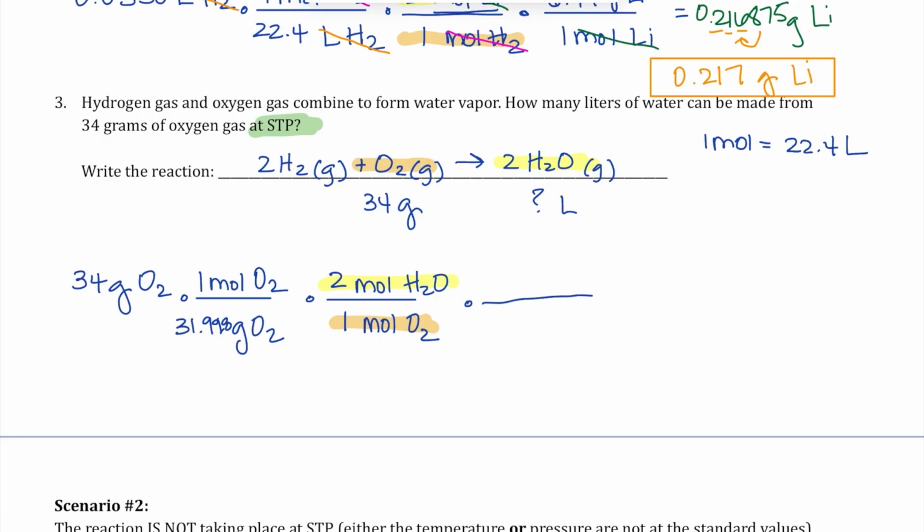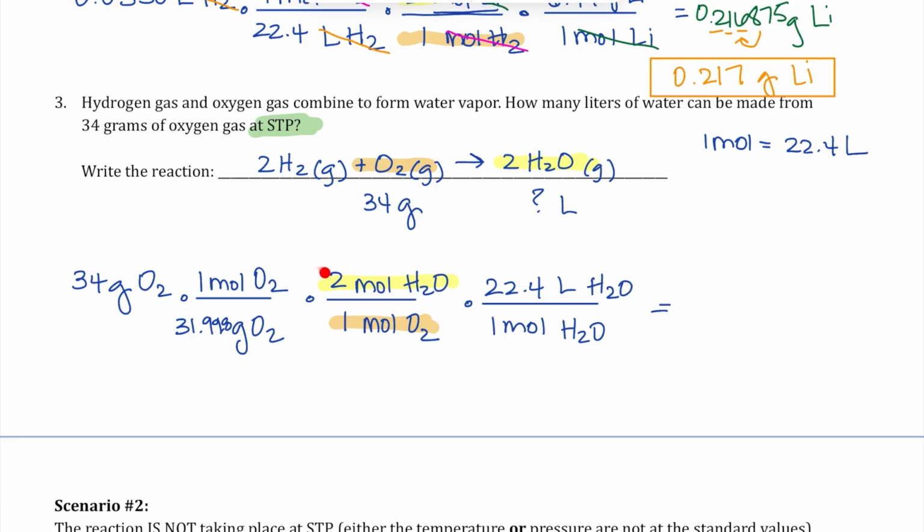And now I am able to use, because of that at STP, that 1 mole of this H2O gas is going to have a volume of 22.4 liters of H2O gas in order to get the answer I am looking for. Go ahead and plug that in our calculator.